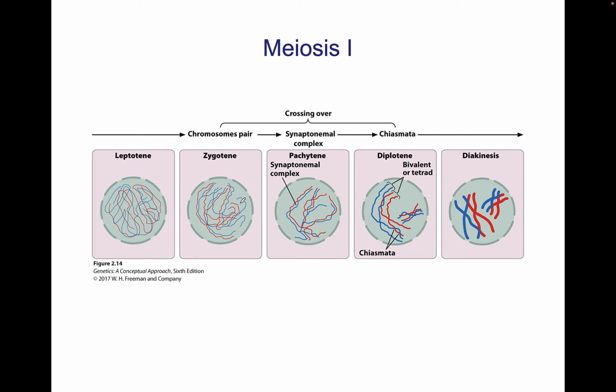The next is pachytene, or pachynema, where the synaptonemal complex has actually formed, and you have the preparation for crossing over to form.